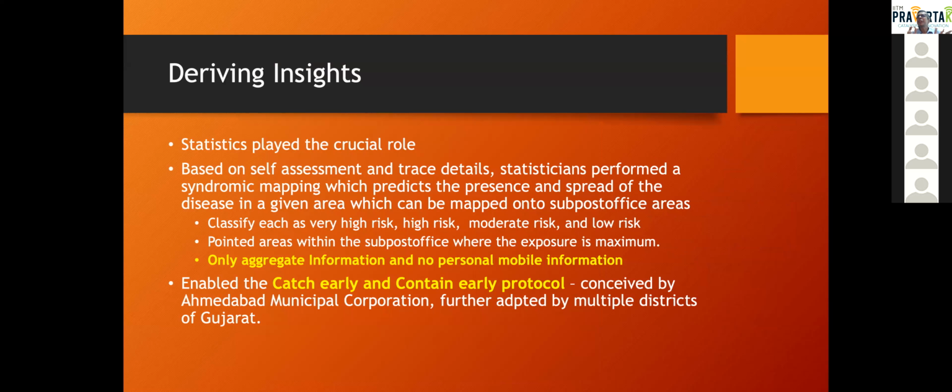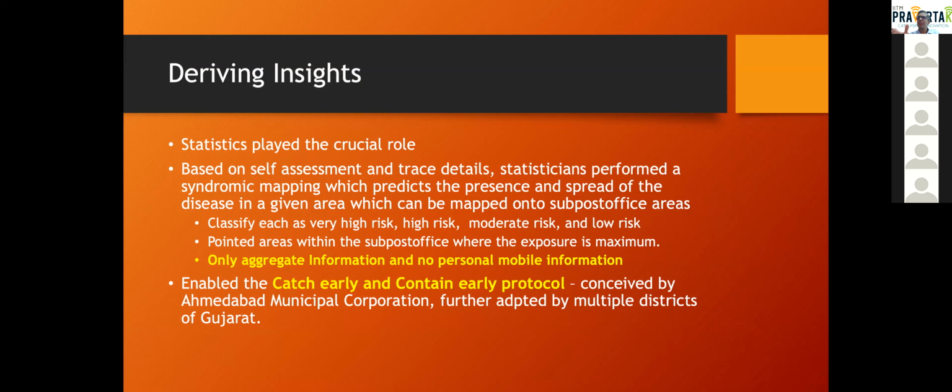Now, the next part is deriving some insights. I have got a lot of data. What sort of insights can I derive? Statistics actually played a very crucial role here. Based on the self-assessment and the trace details, statisticians performed what we call syndromic mapping, which predicts the presence and spread of the disease in a given area, which can be mapped onto the post office areas, right?